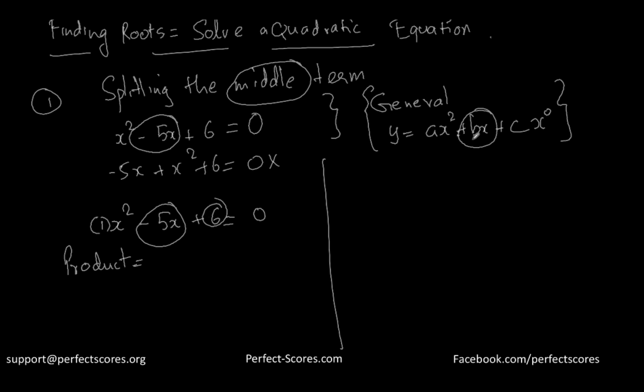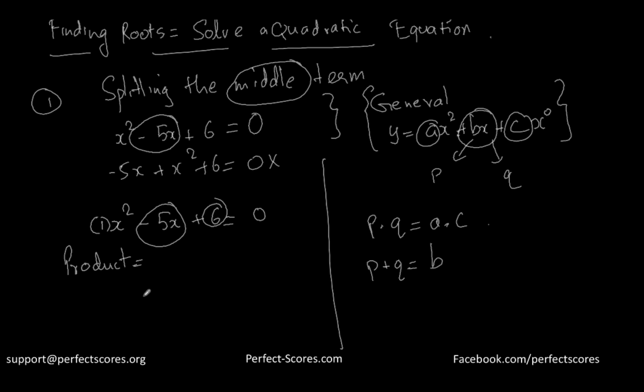So you will split this into, let's suppose, p and q, such that the product of p and q is actually equal to the product of a and c, and p plus q is obviously equal to b, because you're going to be splitting b into p and q.